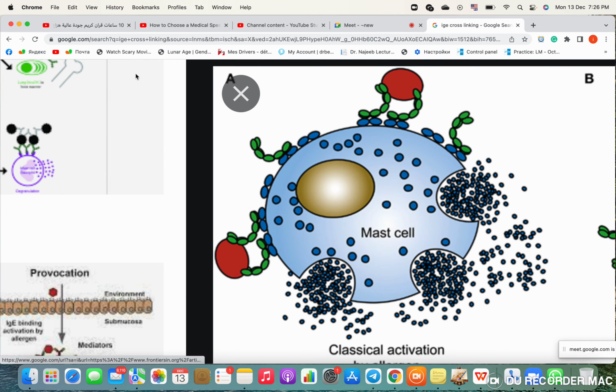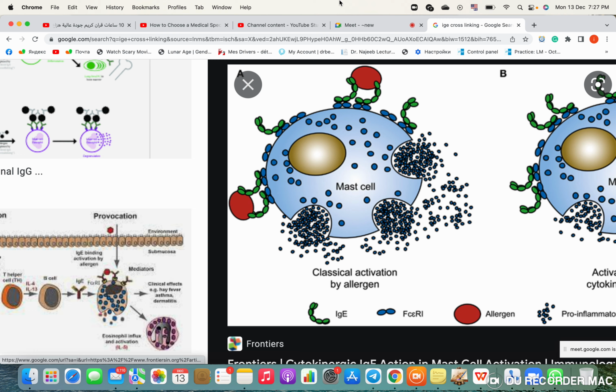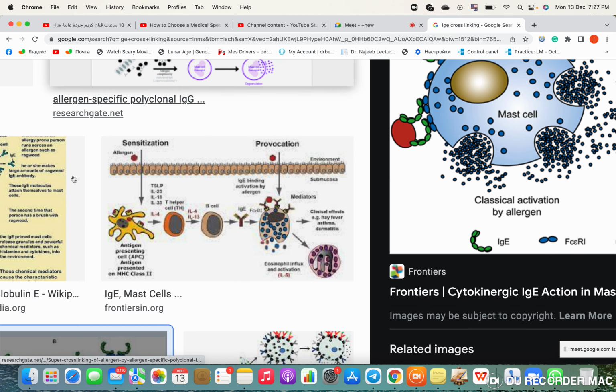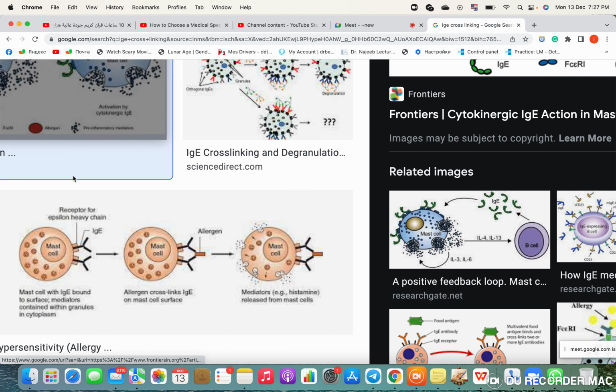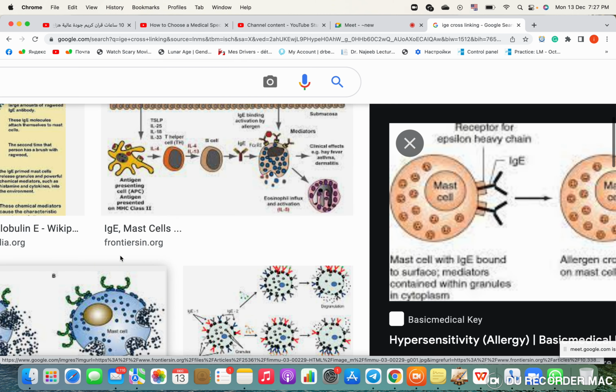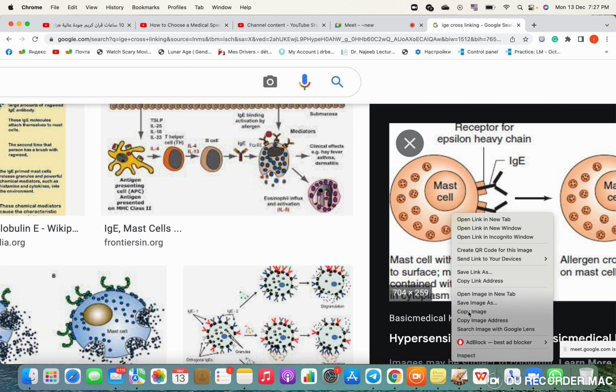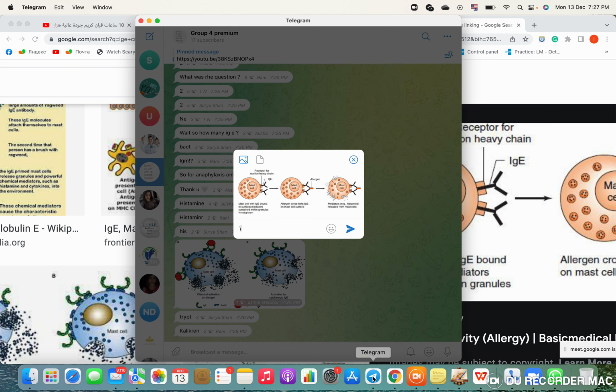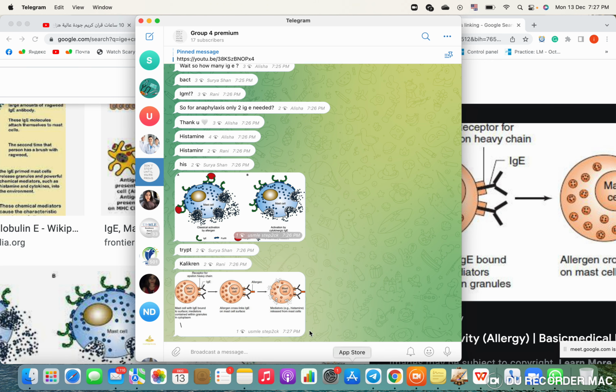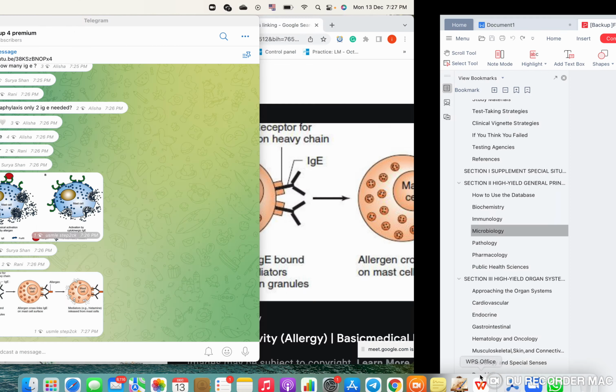You need to know about these minor ones. Yeah, like heparin, trypsin, they also have kallikrein. These minor ones tend to be important. Okay, so I hope you notice here that we have a couple of IgEs, and they are getting cross-linked by the antigen, leading to the degranulation.